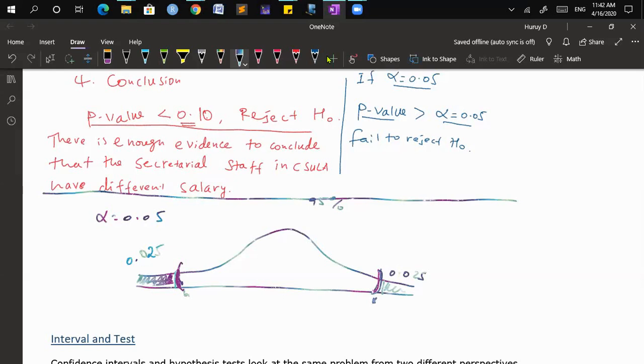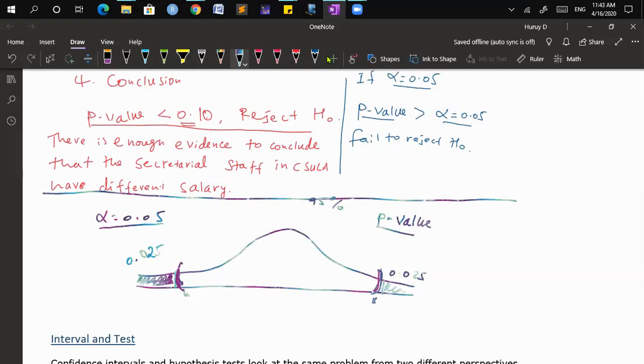In this case, we start with alpha given as 0.05. On both sides, we have half and half. After you collect your sample, you do all the mechanics, and you calculate your p-value.